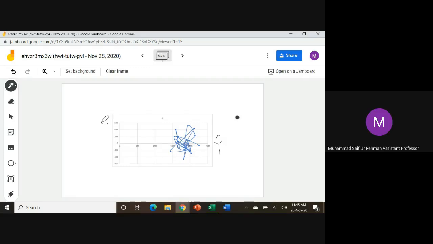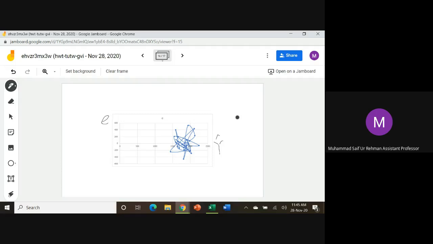So once you have confirmed that the linearity is there in the parameters, then there is no problem. The parameters or the estimators will be fine, no problem.